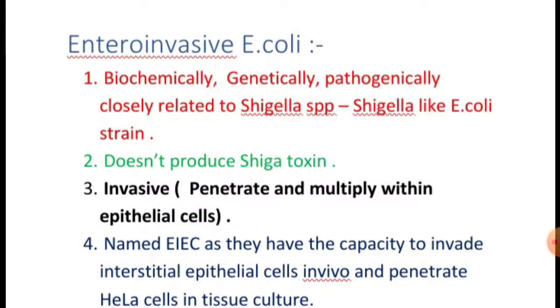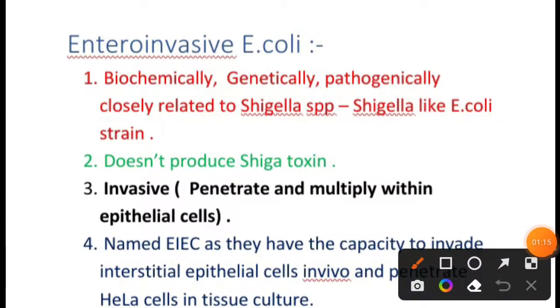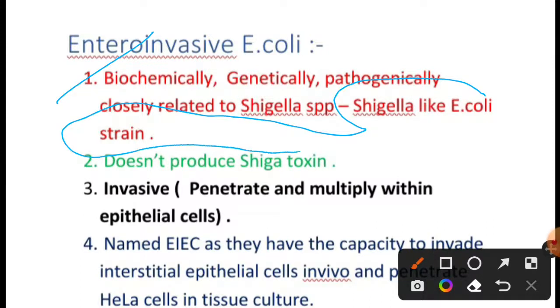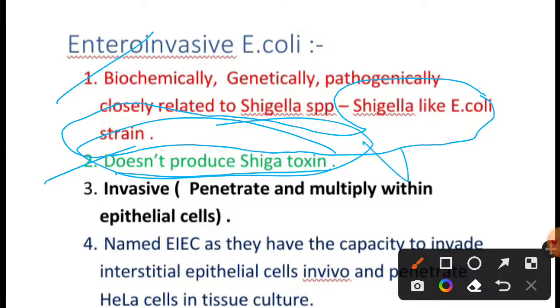These enteroinvasive E. coli are biochemically, genetically and pathogenically closely related to Shigella, which is why they are also known as the Shigella-like E. coli strain. But that does not mean they produce Shiga toxin. They do not produce Shiga toxin.